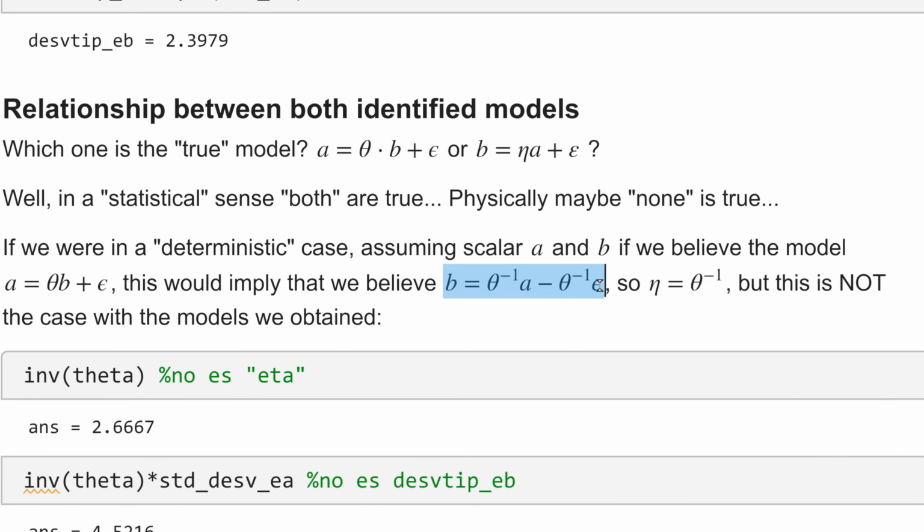Well, this is the wrong thing, sort of. Even if this is true in a deterministic sense, this is not the best linear prediction of B given A, because when I add some noise, some information is destroyed.